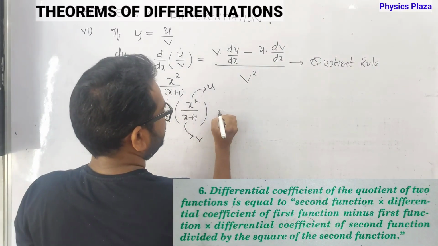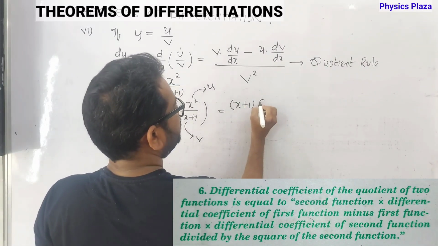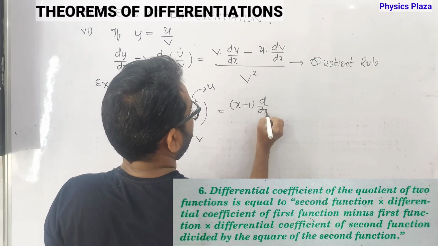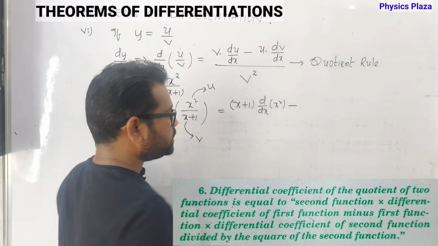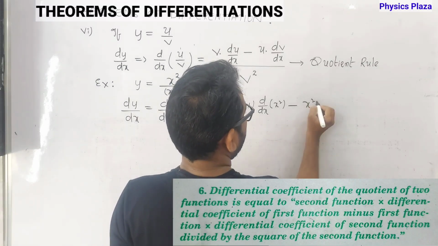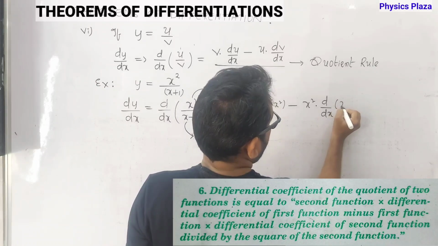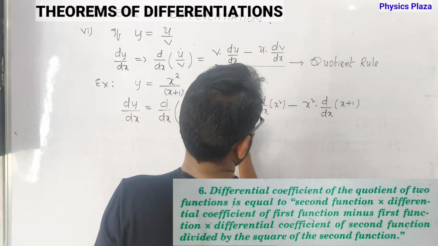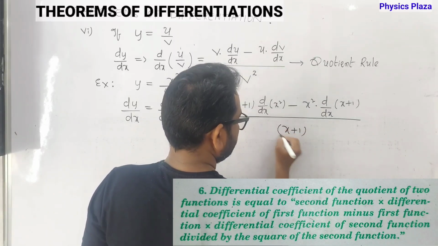So according to that, children, second function into differential coefficient of first function minus first function into differential coefficient of second function, by square of the second function.